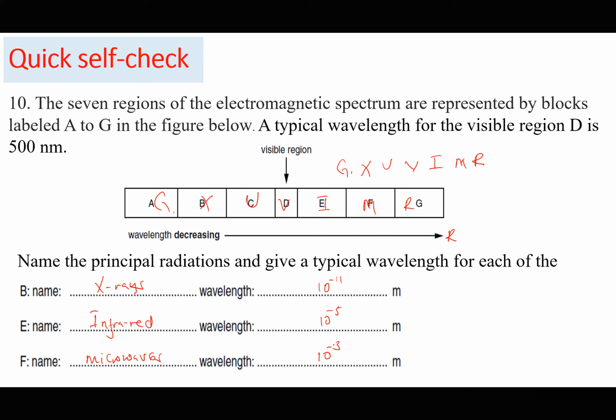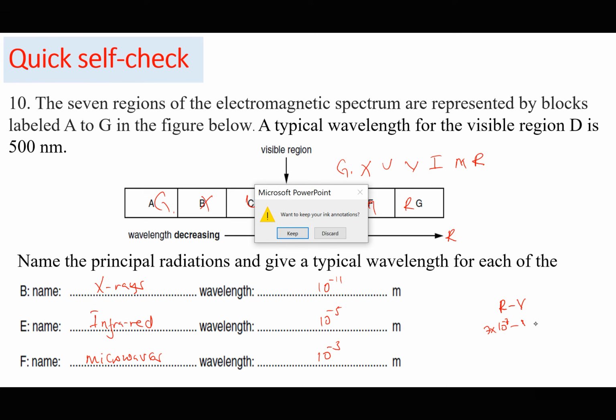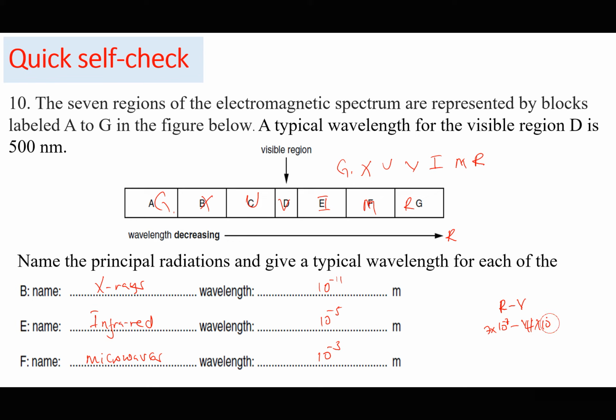Remember the simple method I gave. You know that the visible light ranges from red to violet. Red is 7 times 10 to the power of minus 7. Violet is 4 times 10 to the power of minus 7.